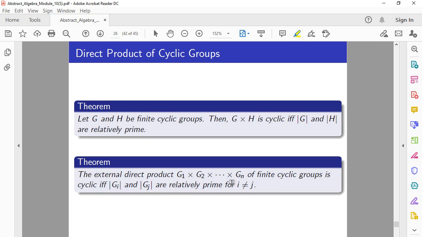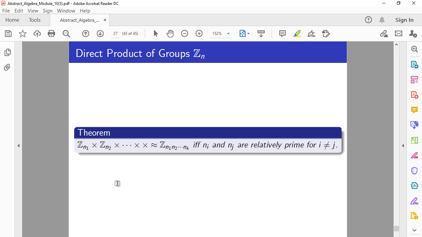A consequence of this theorem is that if we take the external direct product of Zn1, Zn2, up to Znk, then this would be identical to Z with the modulus being the product of n1 up to nk, that is, the external direct product of Zn1, Zn2 up to Znk is cyclic if and only if the moduli are relatively prime pairwise.